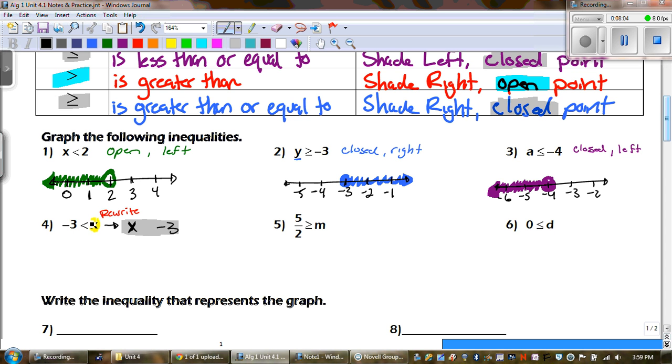Now, 2 ways you can think about it. Who is it pointing at? Well, if it's pointing at the -3, I want to make sure it stays pointing at the -3. Okay. Another way people have learned it is little Pac-Man eats the bigger number.